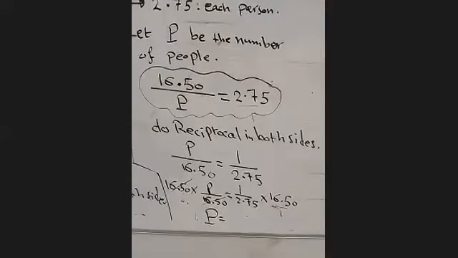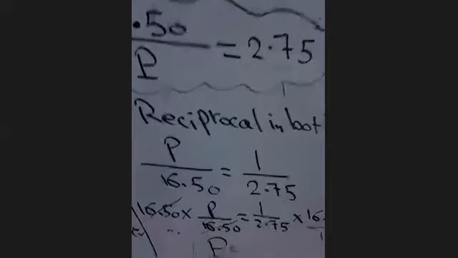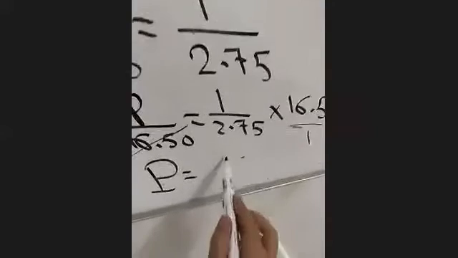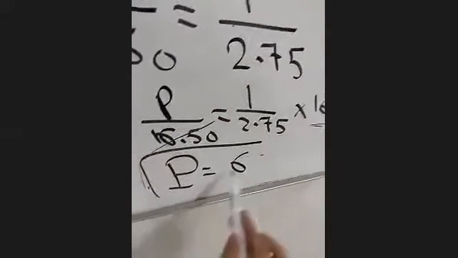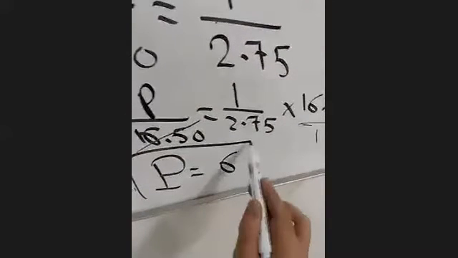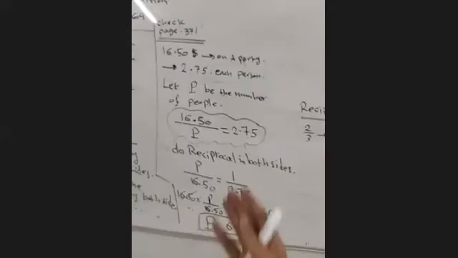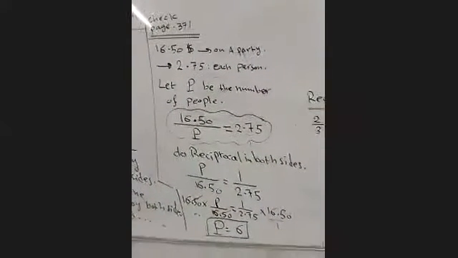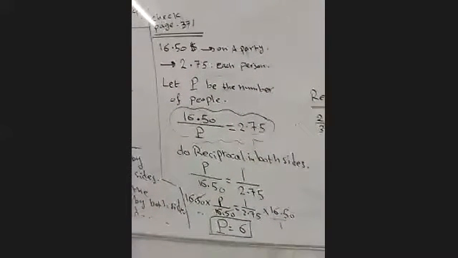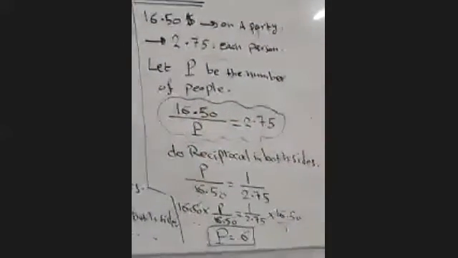Just give me a second to divide it. 16.50 divided by 2.75 is 6. So P equals 6. So how many people should be invited for this party? 6 people, because P is the number of the people.